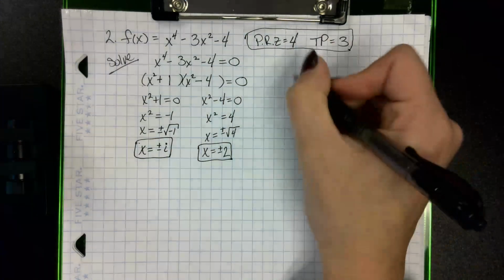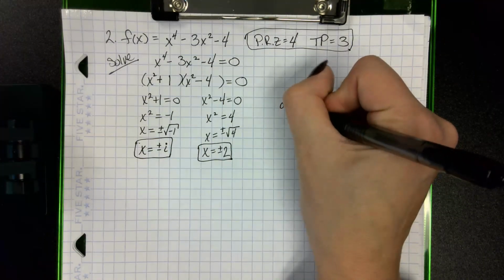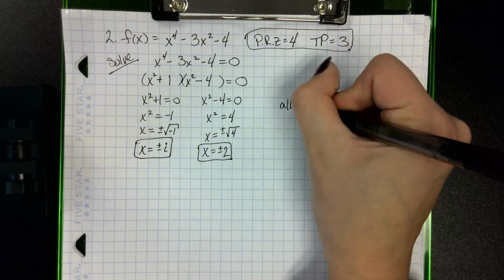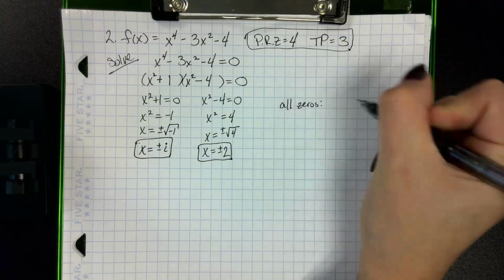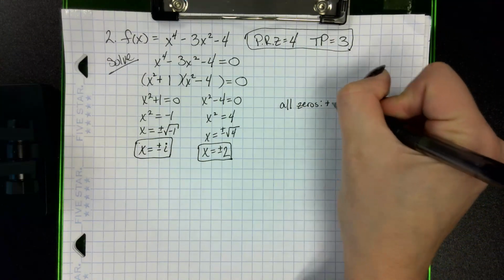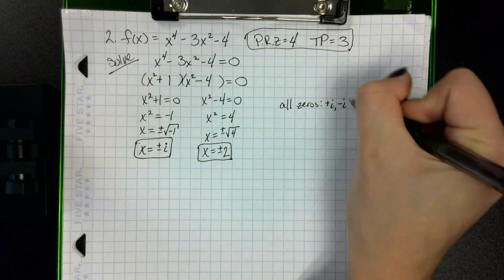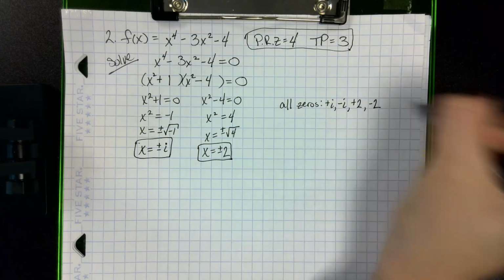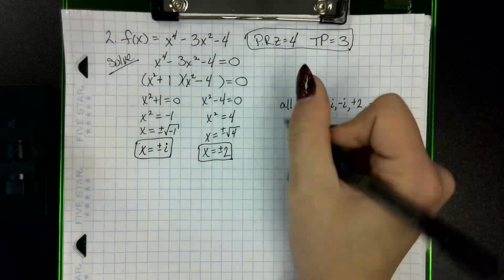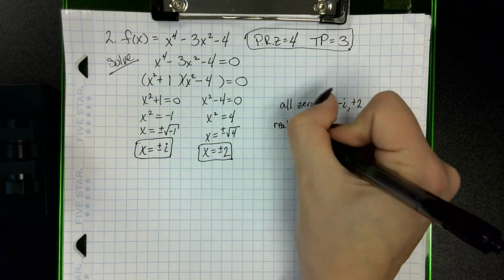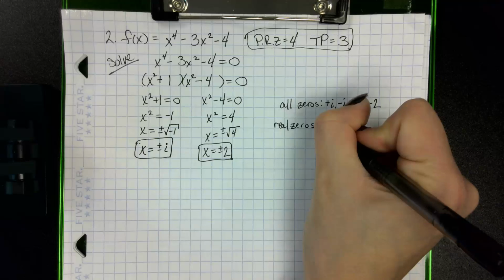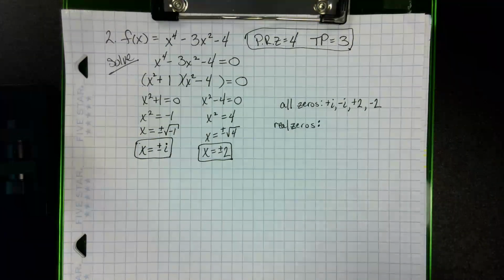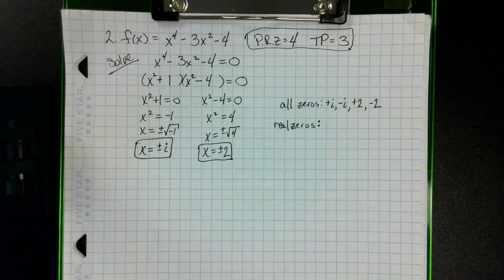So this is just a little side note. I'm going to say all zeros. I have a positive i, a negative i, a positive 2, and a negative 2. But if I look at just the real zeros, then I leave out the imaginary ones. So if I was just graphing, I wouldn't graph the imaginary ones.